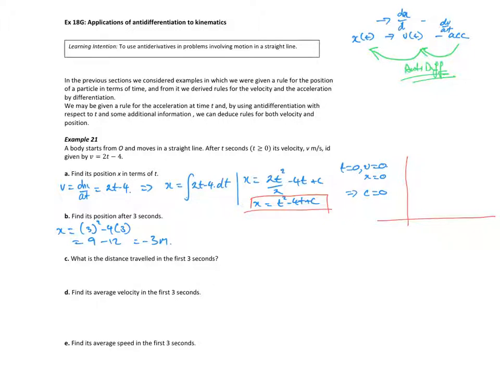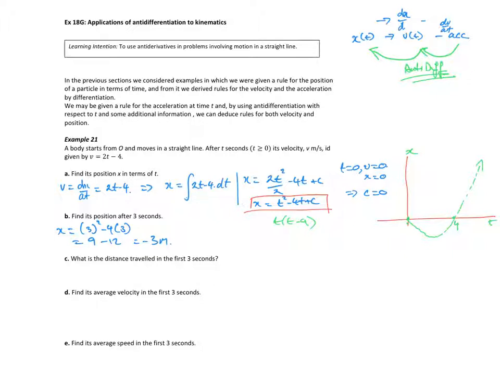So there's x, there's t, and the graph is t squared minus 4t. So what does that look like? It factors to t times t minus 4. It's a positive parabola, so it looks like that. So what does that mean?